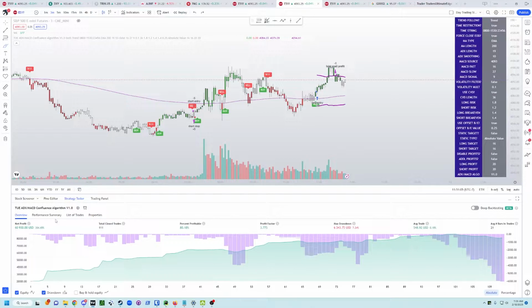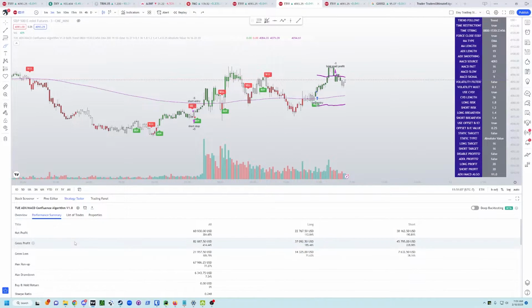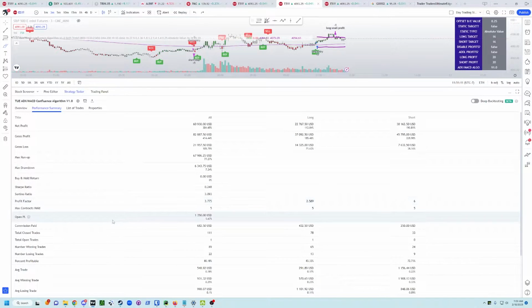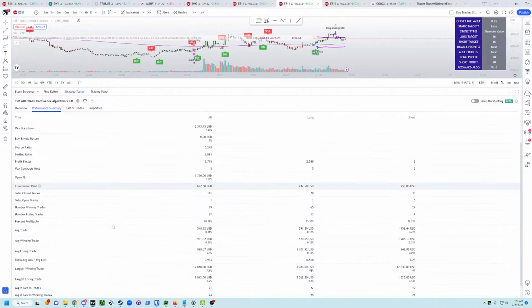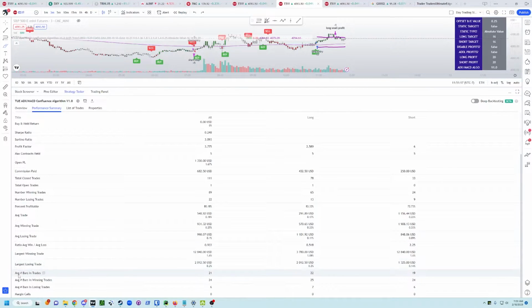Now we'll look here under the performance summary. It actually has quite a bit of information, but what's really interesting is going to be right down here: average bars in winning trades and average bars in losing trades. These are two things I'm going to look at a lot. You want your algorithm to be designed to toss losing trades very quickly.